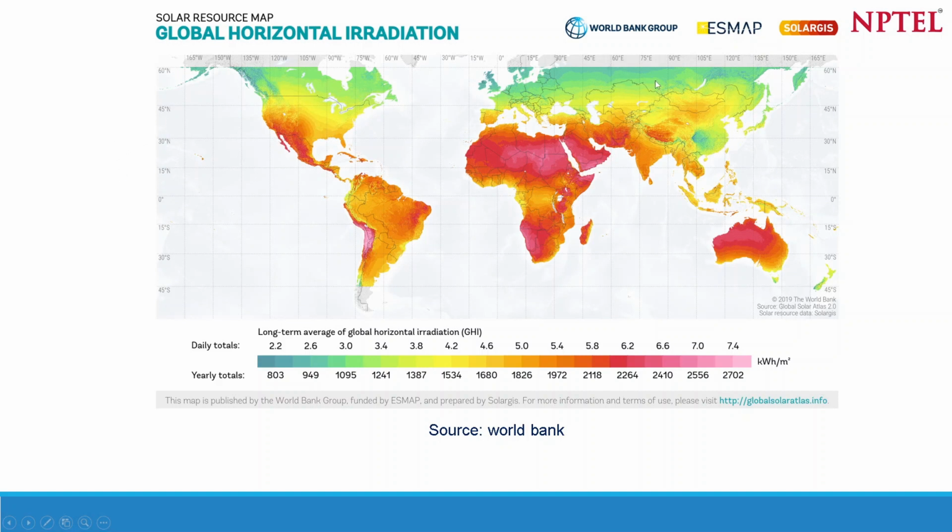So this area has more capacity to absorb solar radiation and generate solar power or photovoltaic power. Okay, so you can have a good look at this, and if there is any question, please feel free to type it in the chat box, or you can ask it directly.